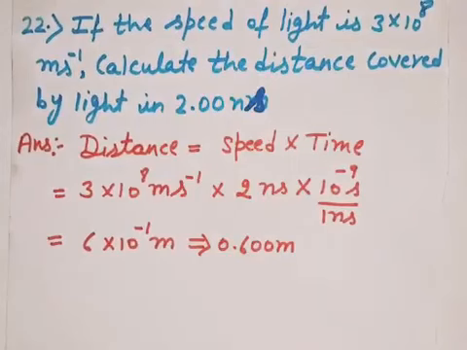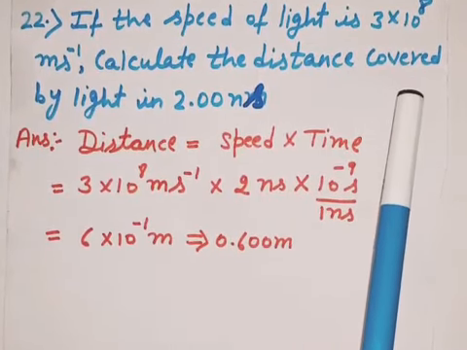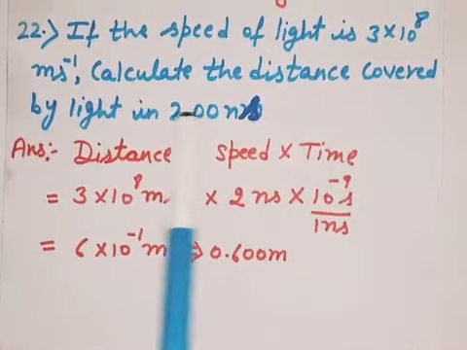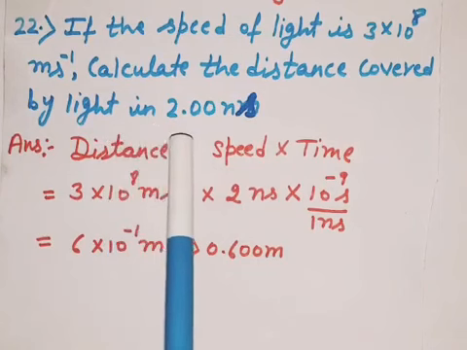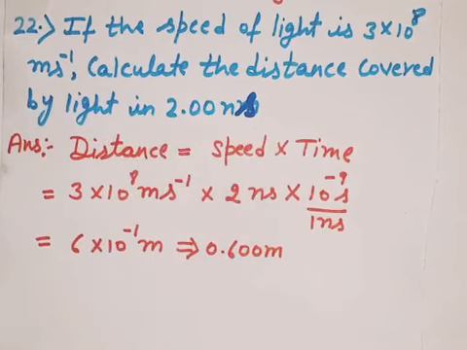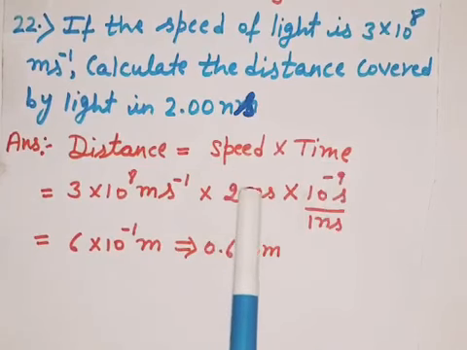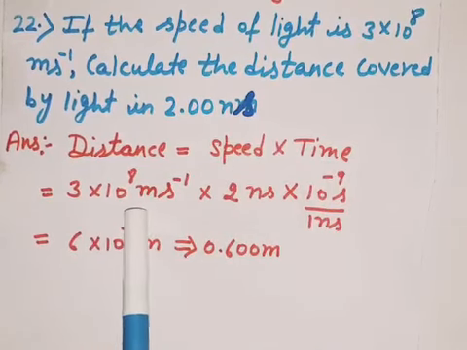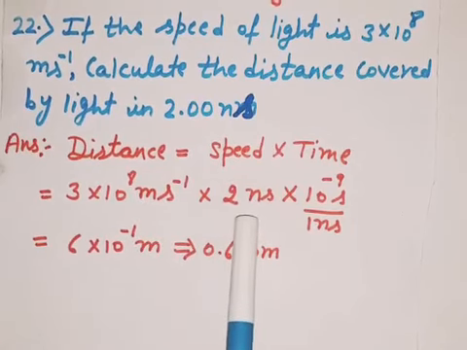Now the next question is question number 22. If the speed of light is 3 into 10 to the power 8 meter per second, calculate the distance covered by light in 2 nanosecond. Students, the formula of distance is speed into time. Speed is given, that is 3 into 10 to the power 8 meter per second, and time is 2 nanosecond.